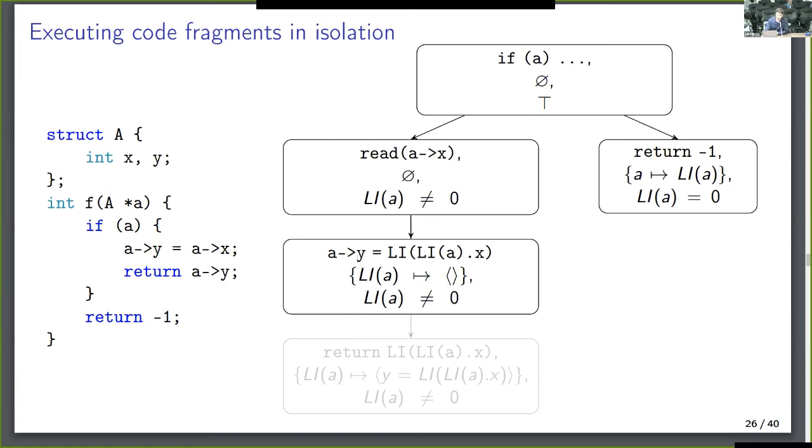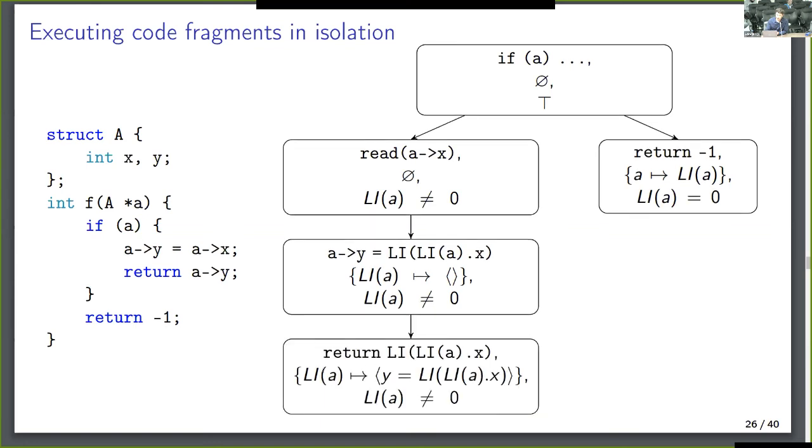And here we want to write the result of this evaluation into the field Y. So we just perform this write and obtain this state where lazy instantiation A references the structure where the field Y contains the result of the previous evaluation. Yeah, and this is the result of both branches. So this code will be evaluated in isolation to these two terms.